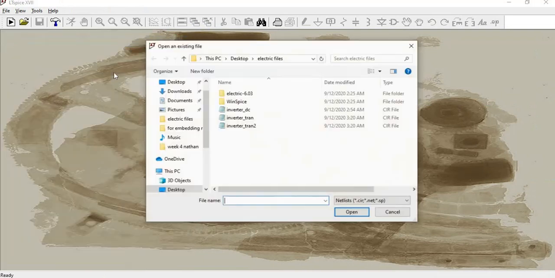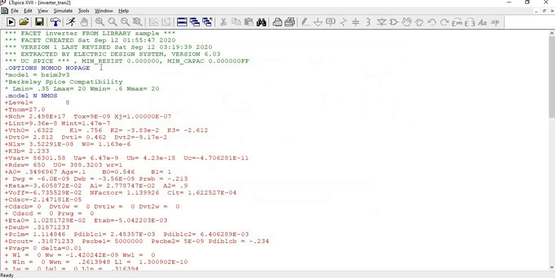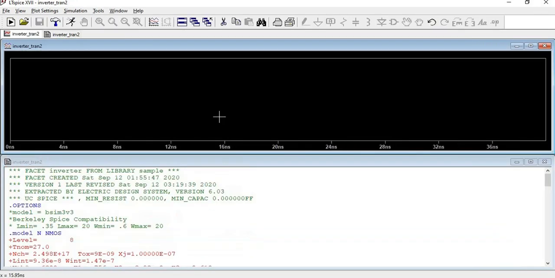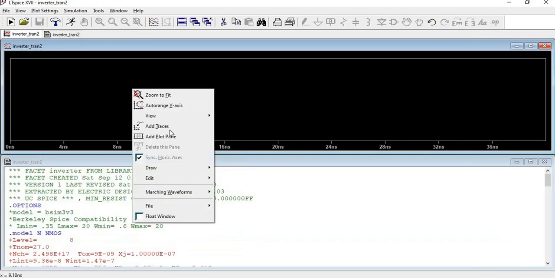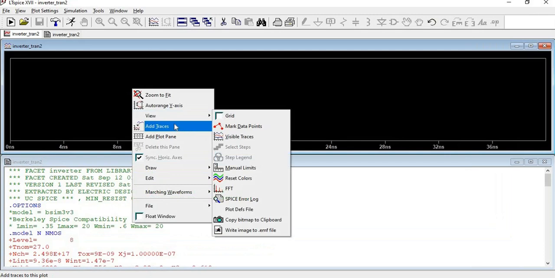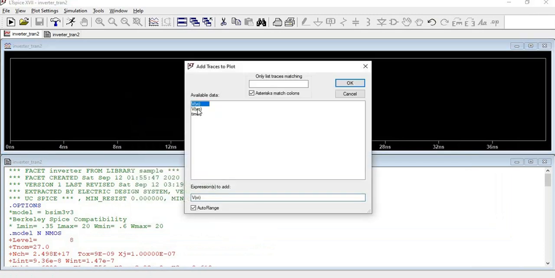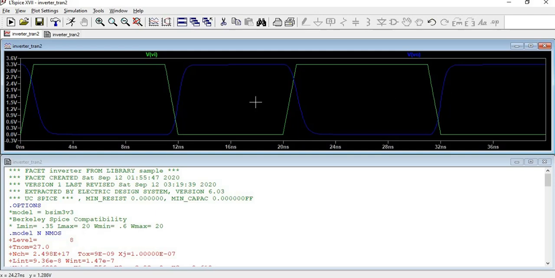Open inverter Tran 2. Same thing, you need to delete. Then you can run the program and add traces for V in and V out. So this will now be your waveform.